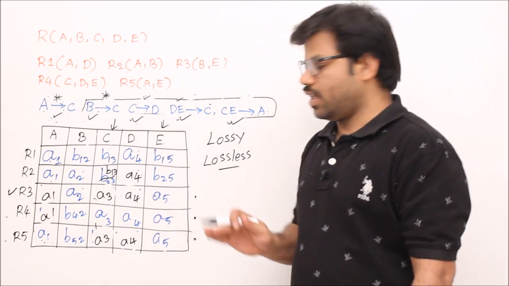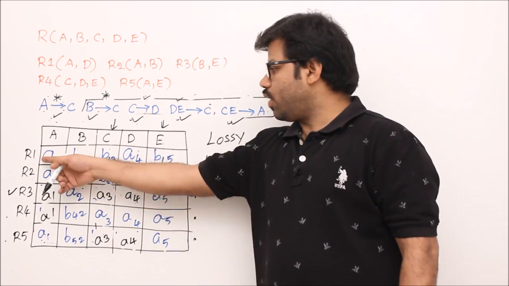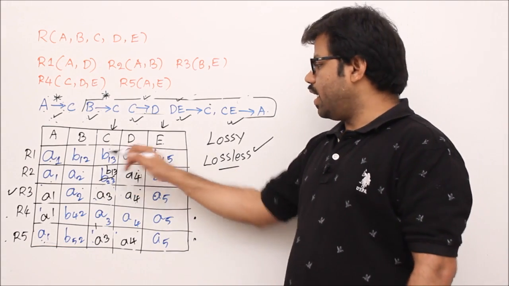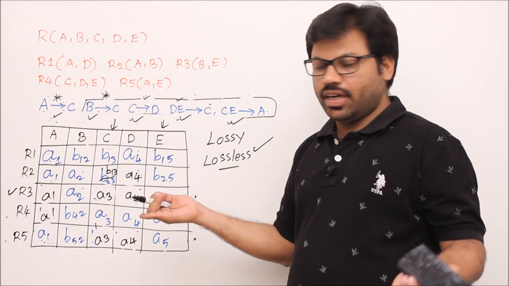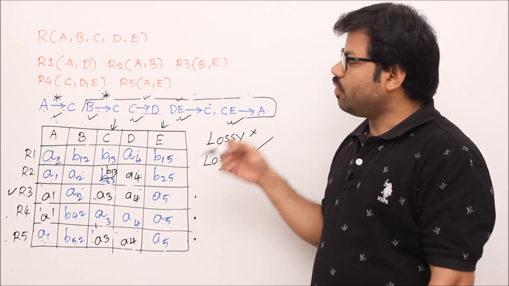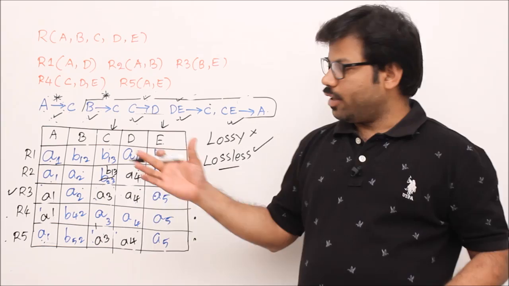Second, if at any time in this algorithm you see a row with all the A entries, that is lossless. If you don't see any A row but the algorithm terminated, then it is lossy. Understand? We'll see one more example so that you can get more confidence about this algorithm.